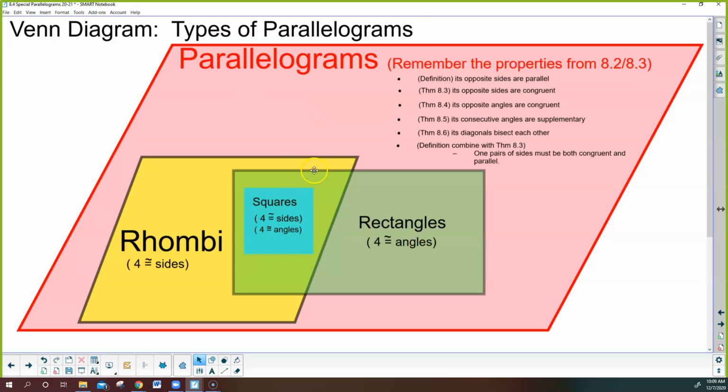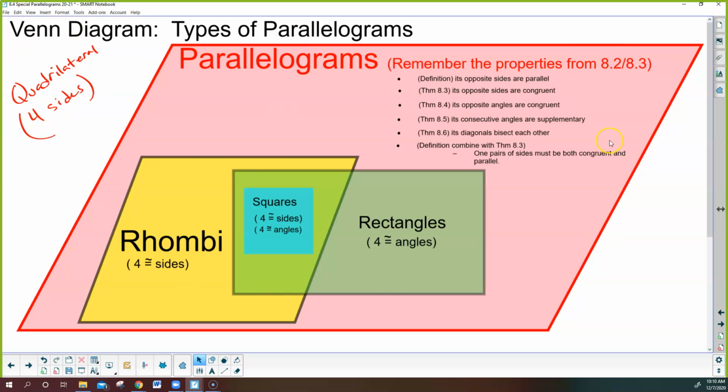So that's how my brain works: this is a visual piece that just pops in my head, and it helps me justify things. If I say something's a rhombus, I have to first say it's a parallelogram. And actually, if I counted this whole white screen as another piece, outside of here is just quadrilaterals, because officially, a parallelogram has to be a four-sided shape.